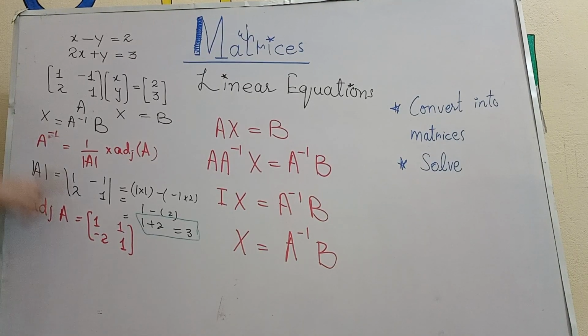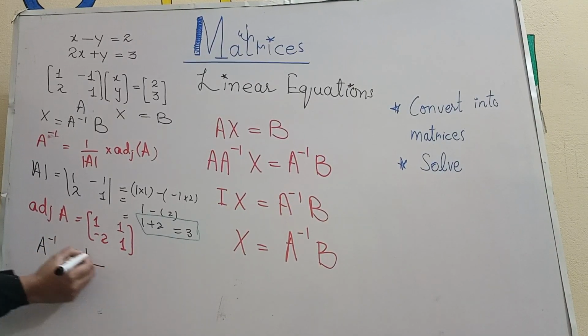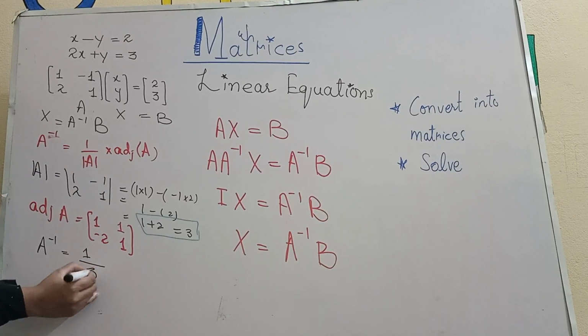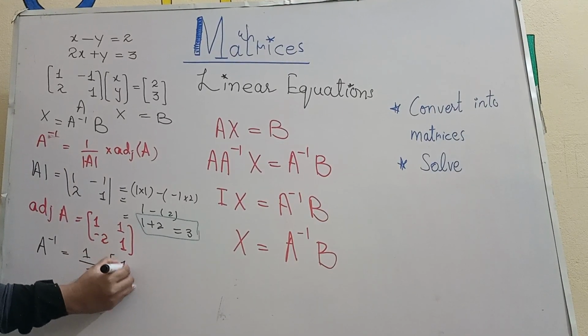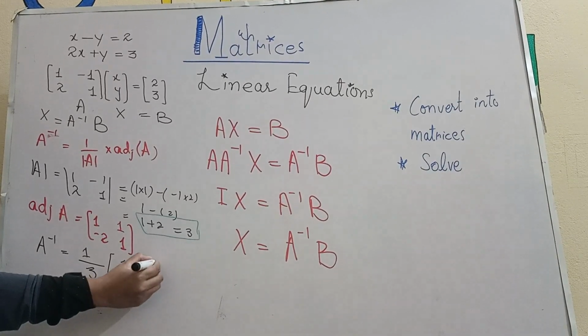Now we are putting these two values into the inverse formula. So A inverse becomes 1, putting the value of the determinant, that is 3, into the adjoint matrix, that is 1, 1, minus 2 and 1.